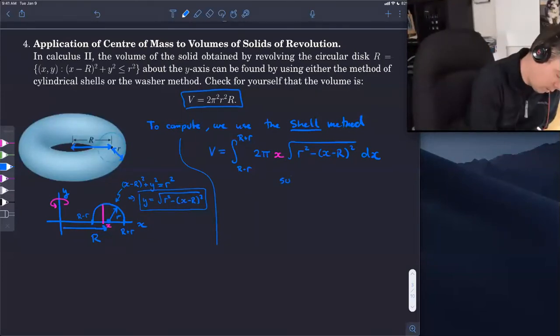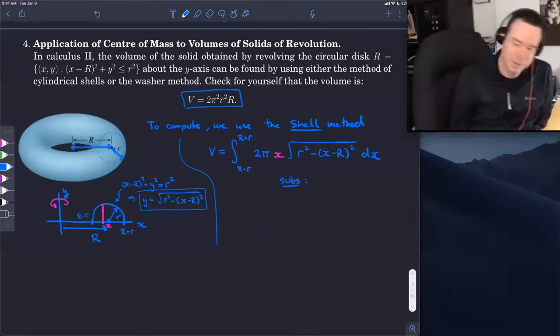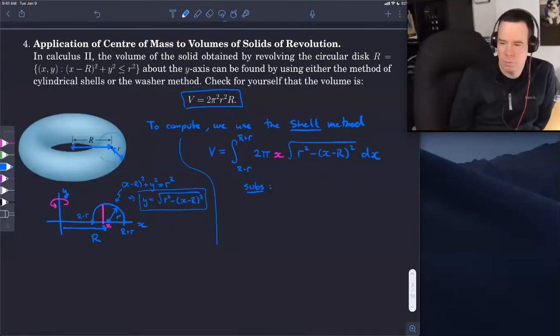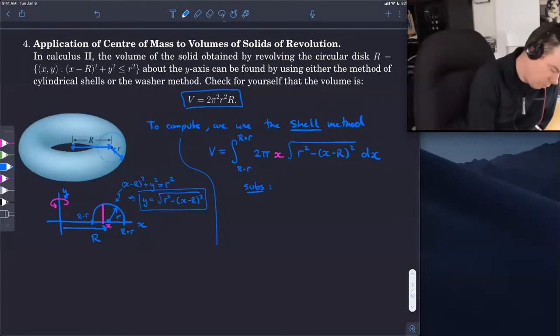And maybe I'll just indicate here, this might be a reminder to many of you. You might remember what we did exactly in Math 152 to do this, or you may be thinking, oh, I vaguely remember this, but I don't remember how to do this integral. What we ended up doing at this point was we just made a substitution.